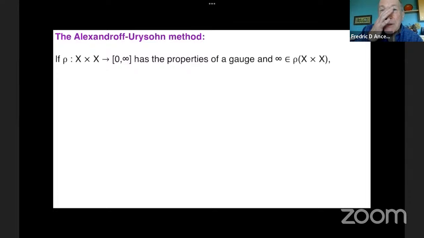The condition of the proper action is saying that certain subsets of the group are compact, and I believe they're closed. So I think the answer is yes, but I'd have to think about it a little more.